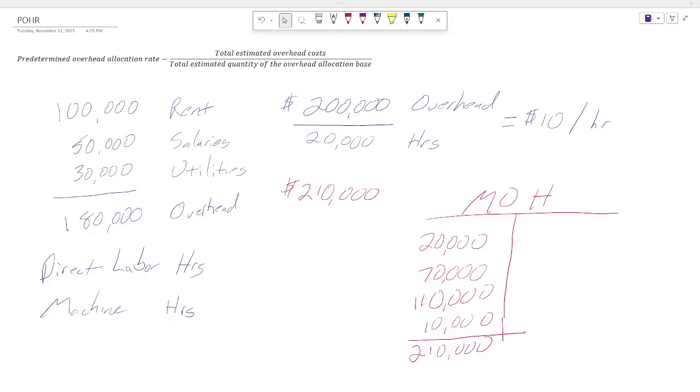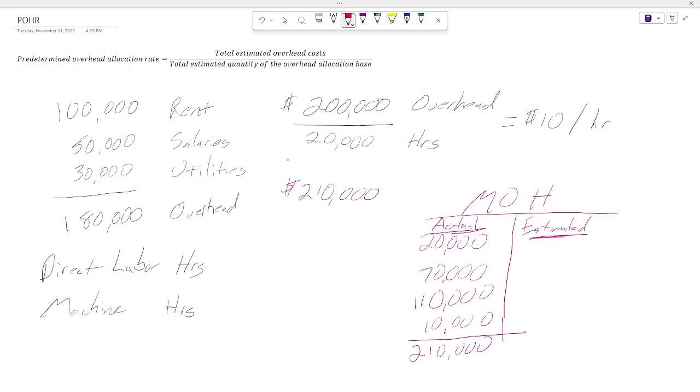And so whenever we apply overhead to a job, the journal entry is debiting work in process and crediting manufacturing overhead. So we can see the debit side is going to have the actual costs, and the credit side is going to be the estimated applied costs.